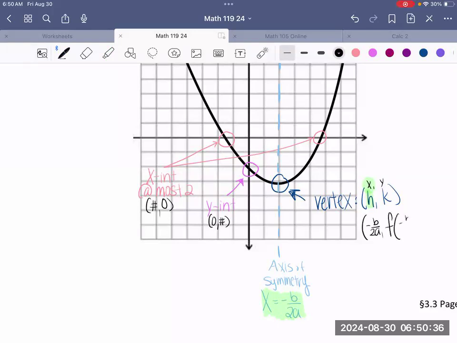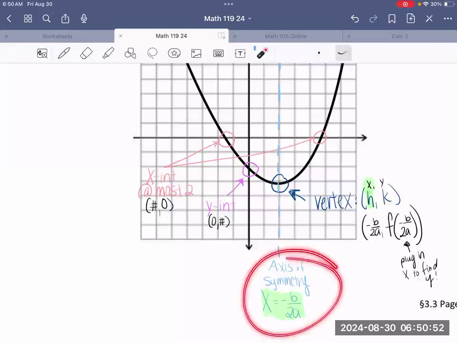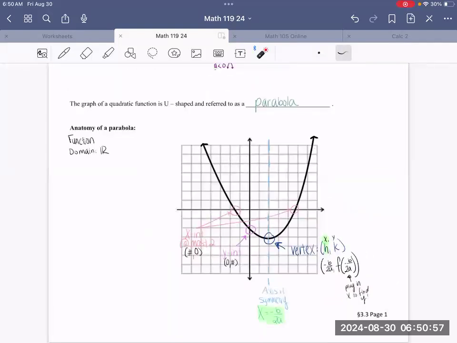So we can just sub in your x into your equation to find your y. So plug in x to find y. Those two features of your graph are going to be really important. While we're graphing today, you're going to notice that we're looking for your x-intercept, y-intercept, and vertex quite often for these practice problems.